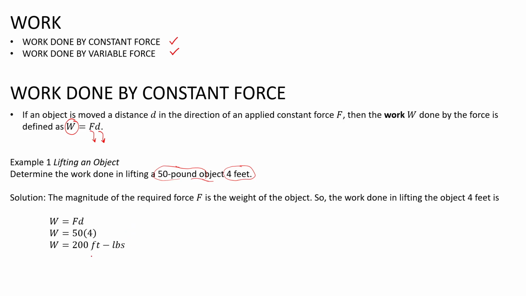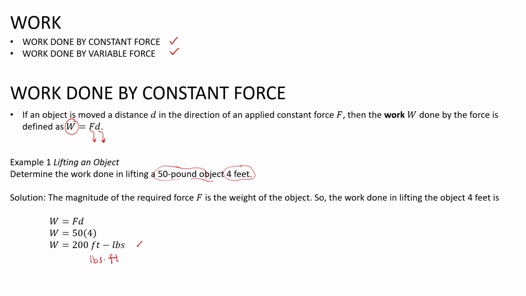Or pound foot, depending on the author. This one is coming from the book, so it may be pound per foot, pound foot, or it may be foot pound, depending on how you declare your units.